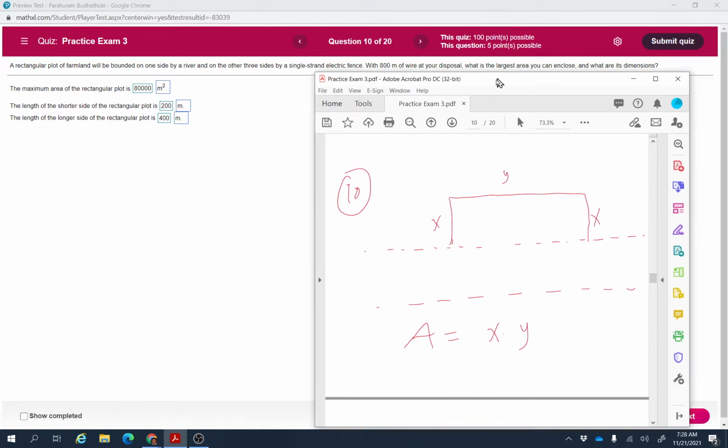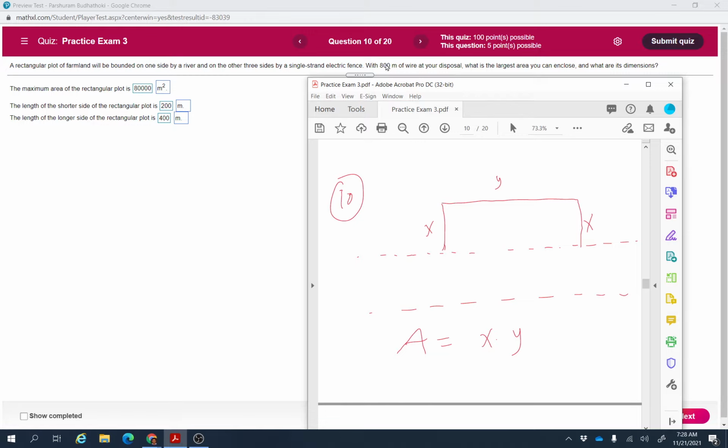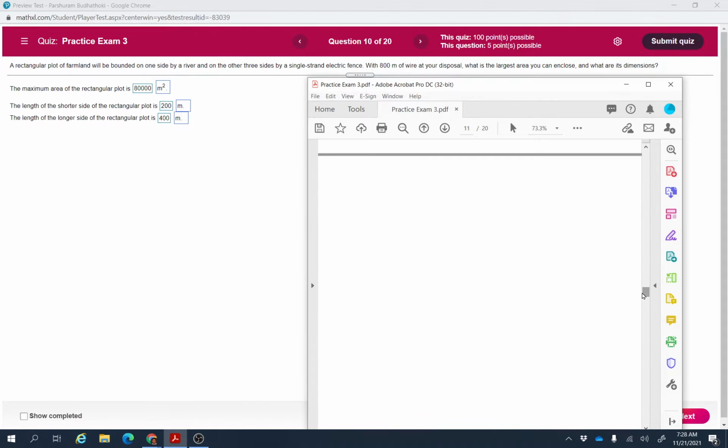As you can see in the problem, the total wire given is 800 meters, which will be used to fence this side, and this side. So if you add x, y, and x, the length of these 3 sides has to be 800 meters. That gives us the relation between x and y.